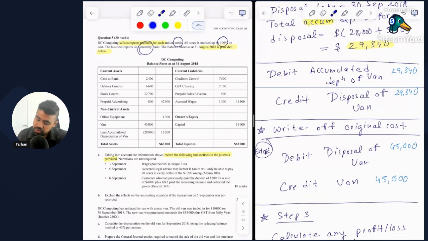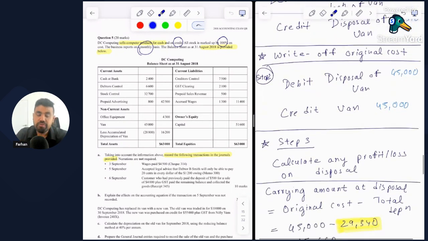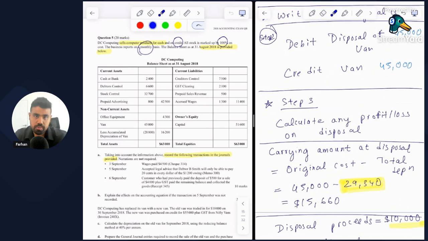Now, step 3 is where you calculate the profit or loss that you have made on disposal, okay? Right before the disposal, what is the carrying amount? The carrying amount at disposal on 30 September 2018 is simply the difference between the original cost and the total accumulated depreciation up to that point in time.